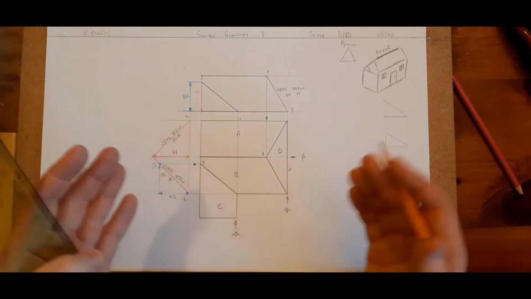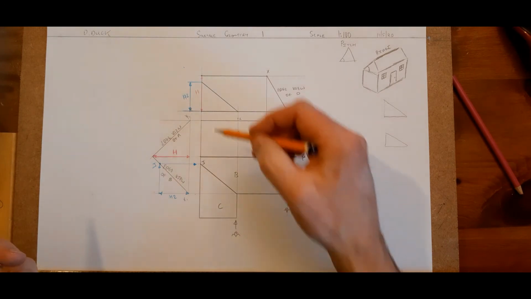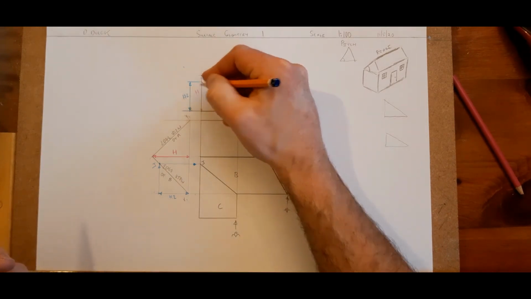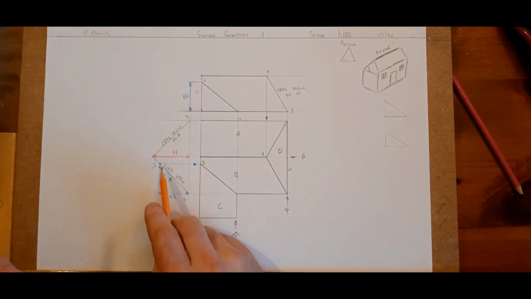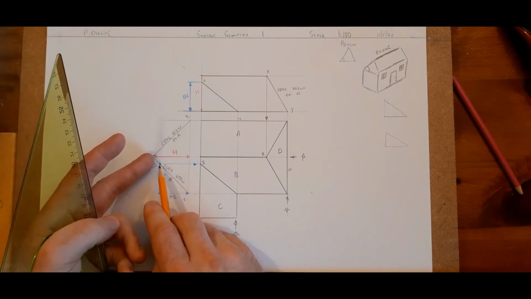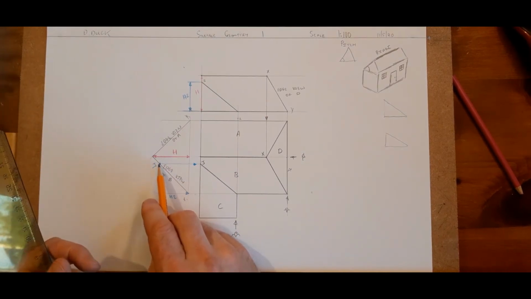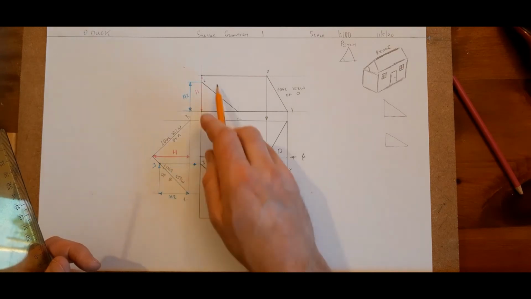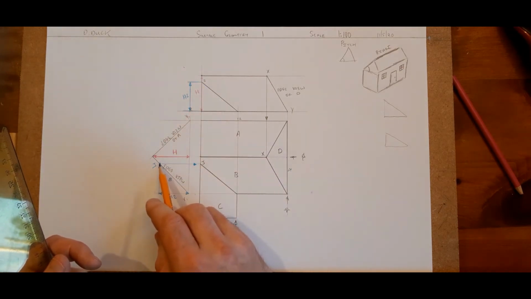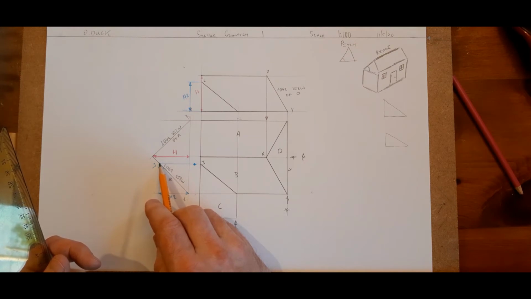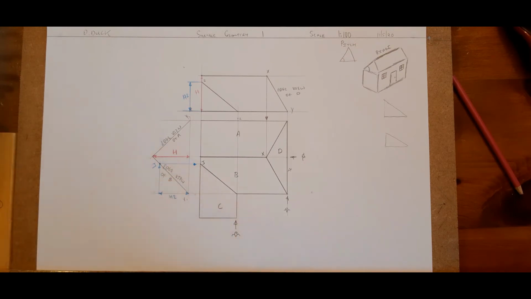Bring it back in then, and you'll keep doing that with the likes of J there. We've got the height of J, transferred it over here onto our first auxiliary. At that specific height J, the surface C and that point J would hit the surface B there, and then we're able to bring it back into plan. So that is the plan and elevation done.